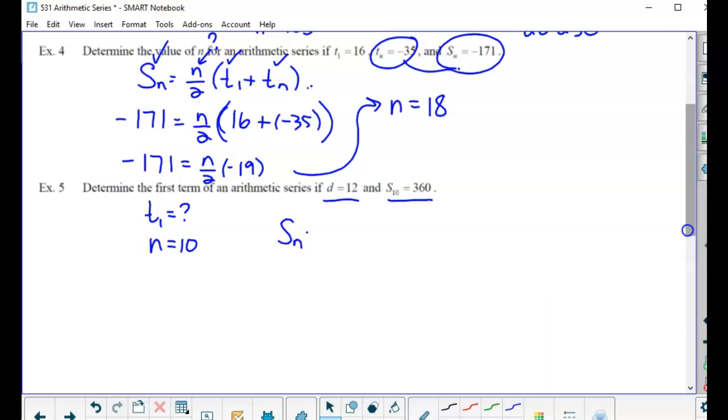We're going to need to use the other form, because we're given n, we're trying to find T1, we're given S10, and we're given the common difference. So we know everything except for T1. So we just substitute in.